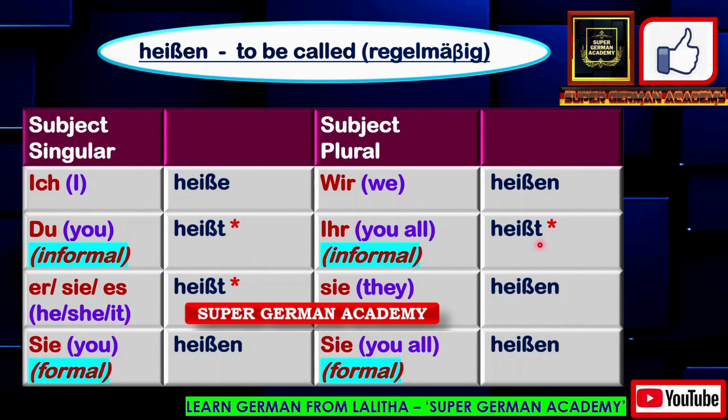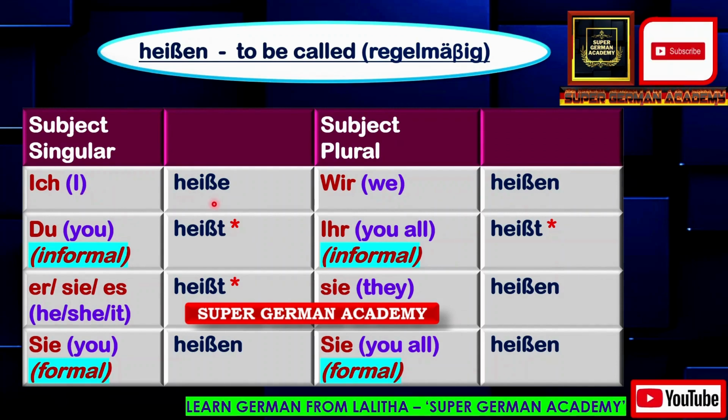It is the same spelling for these three. When the subject is in plural form, en will be added at the end: for formal you, that is Sie, and for wir, it is heißen; for they, that is sie, it is heißen; and for formal you all, that is Sie, it is heißen. This is the conjugation of heißen for different subjects.